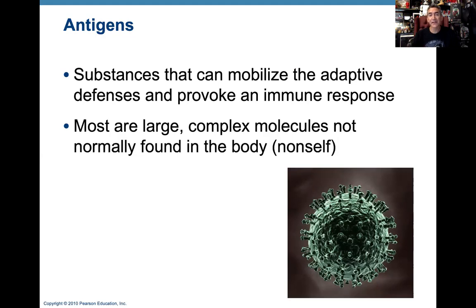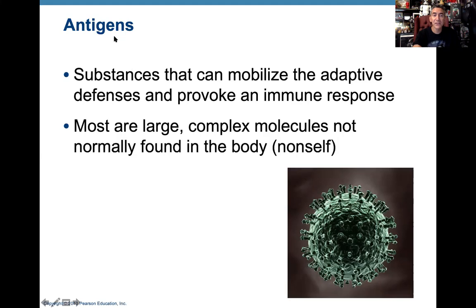These are little surface markers that our body just normally has. So those are self-antigens. In this chapter, we're looking at antigens as being something foreign, little markers found on bacteria or on viruses or on fungi, on protists, on worms, things that enter the body, that our body recognizes as foreign antigens.